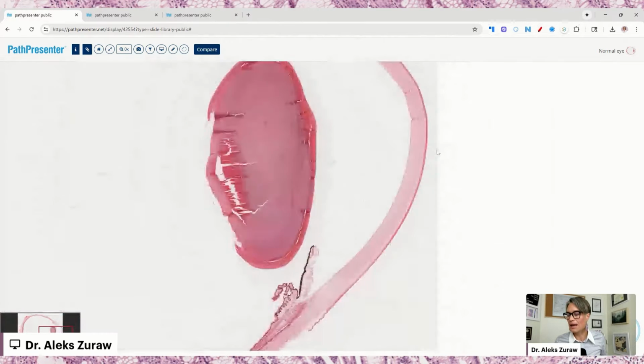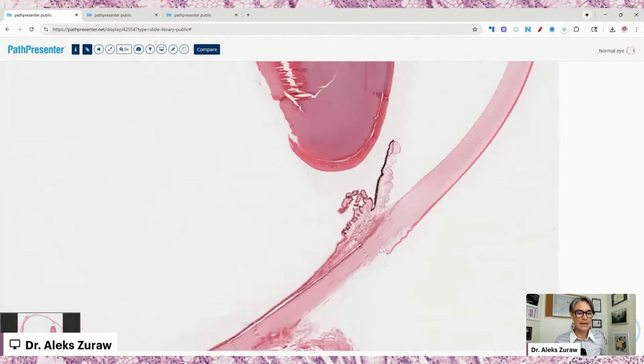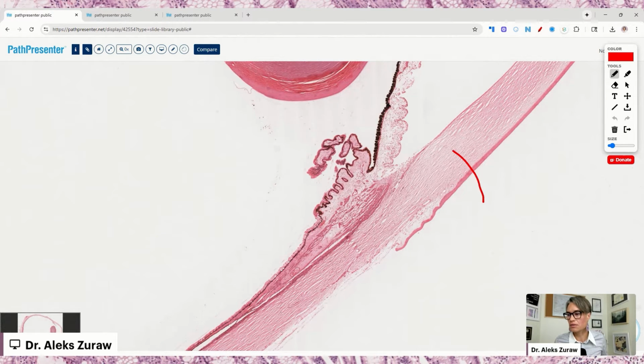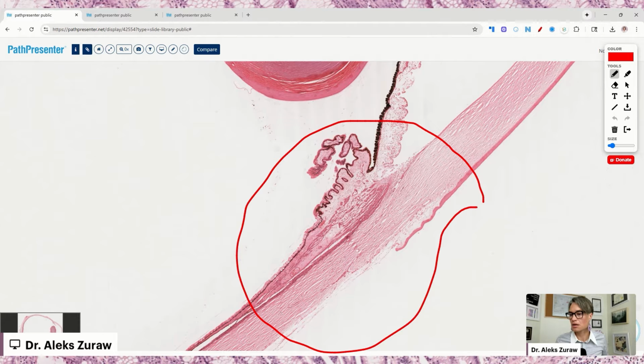Then they have this part where they join. This is the transition right here. This would be our cornea, and this is our sclera. This transition from one to the other is called the limbus.